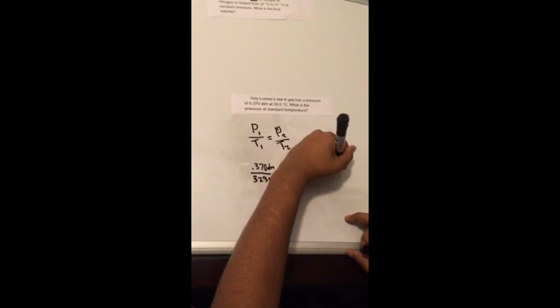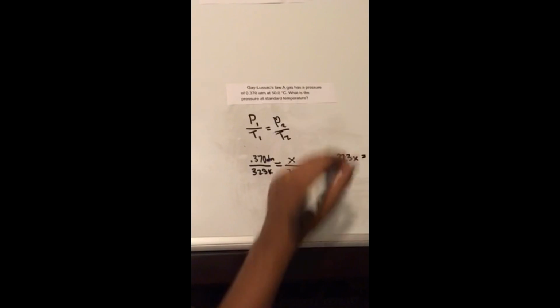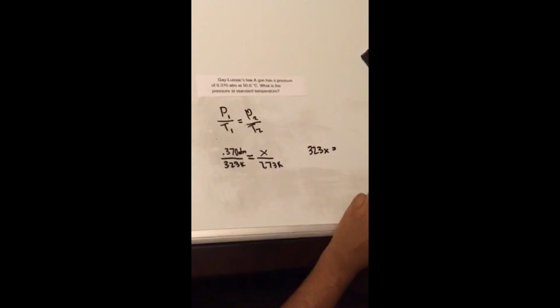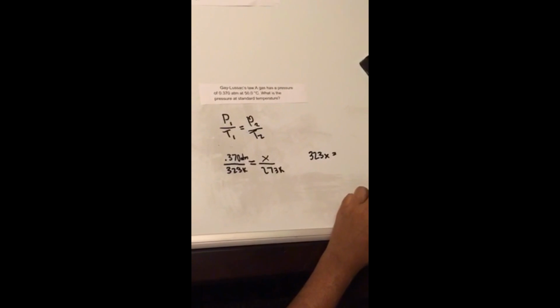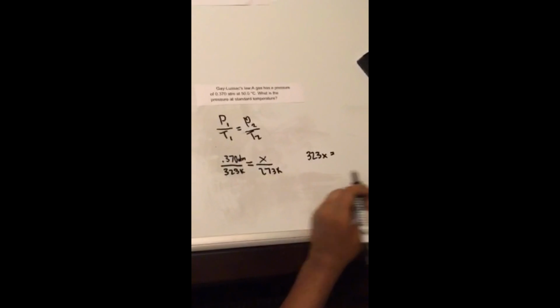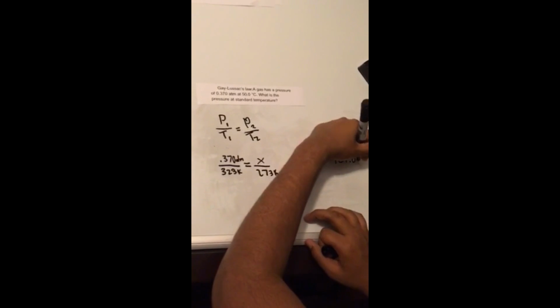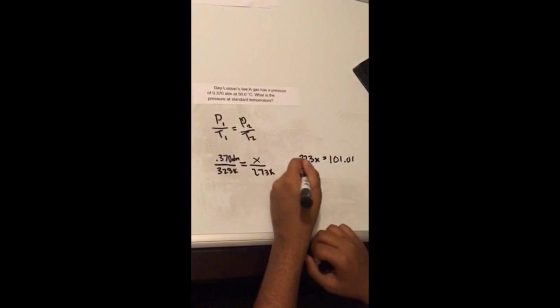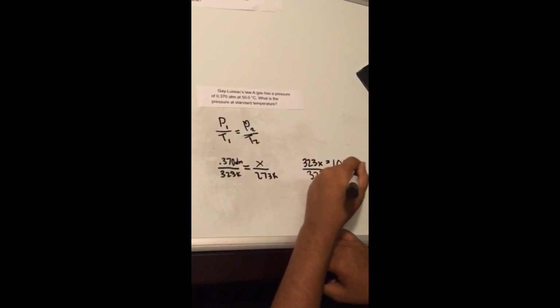So we could put 323 X equals 101.01. And we're going to divide 323 to both sides to get our pressure.